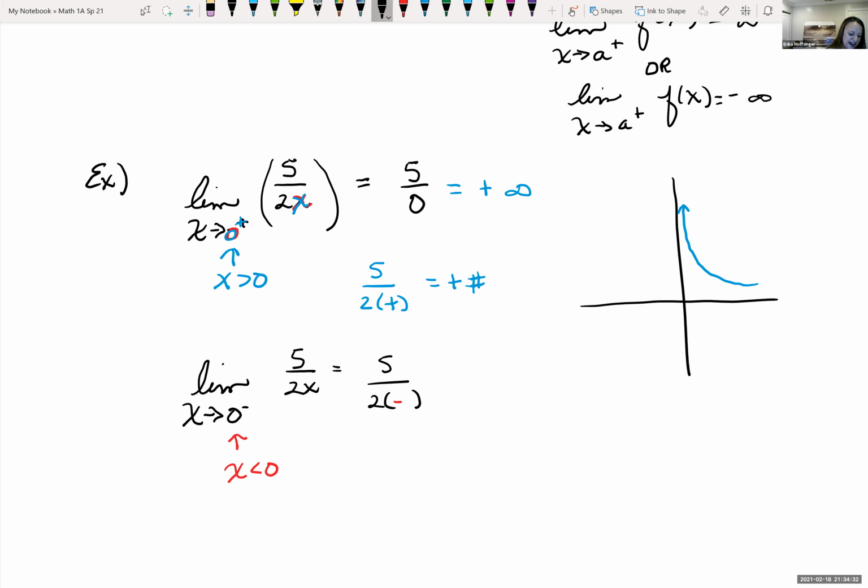Well, 5 over a negative number is equal to a negative number. And so because of that, as I'm approaching 0 on the left, this is going down to negative infinity.